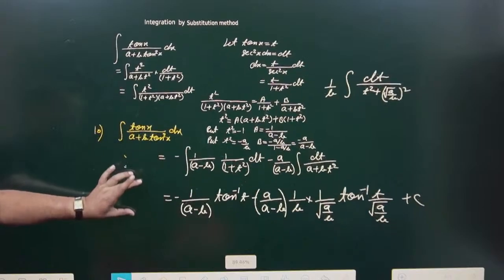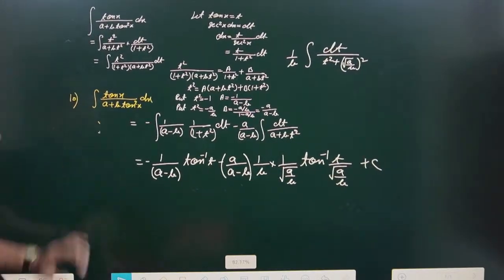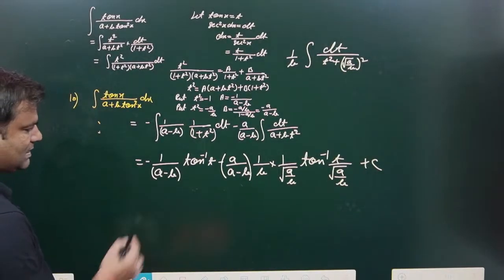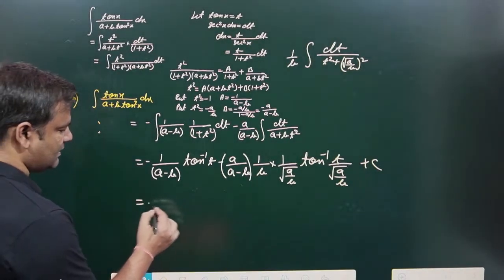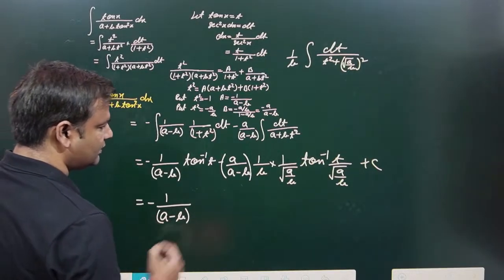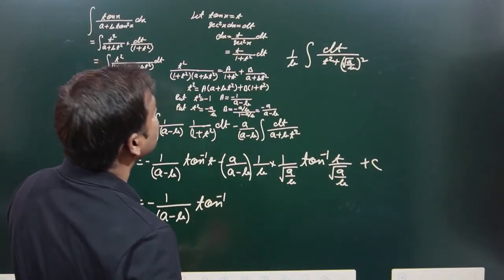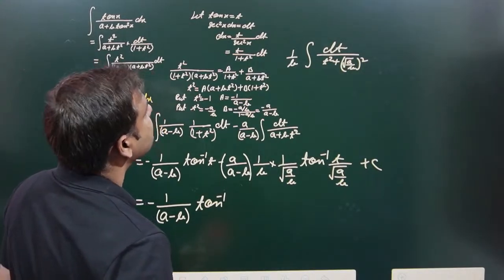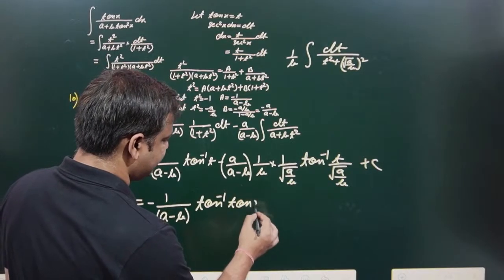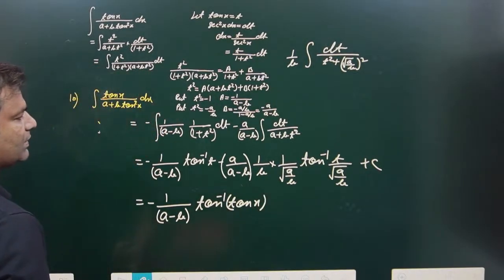After that, look very carefully. This one is written minus tan inverse t, and t is how much? Tan x.